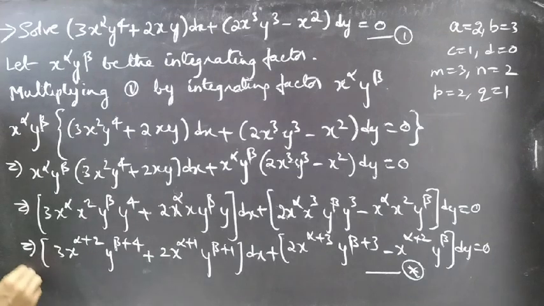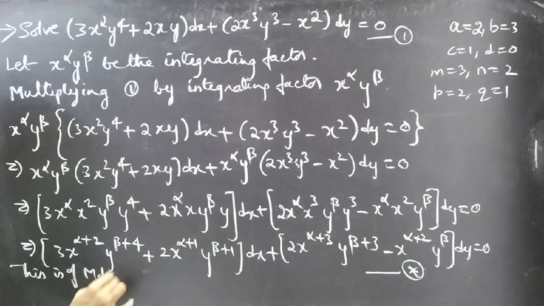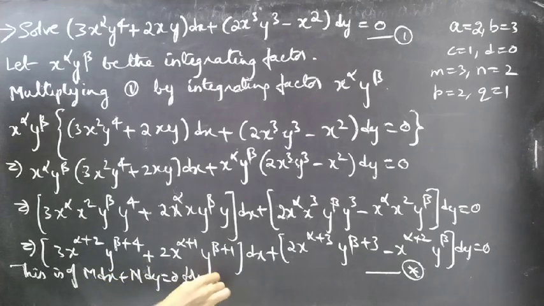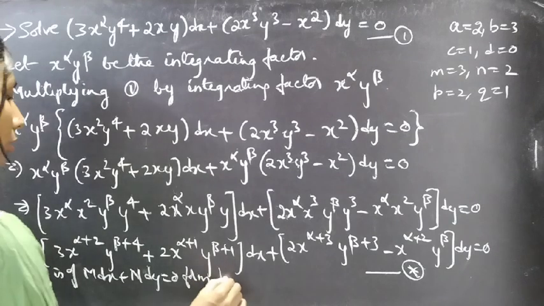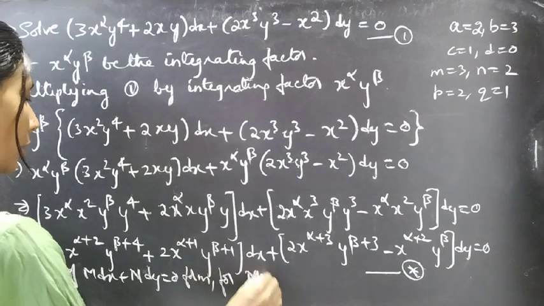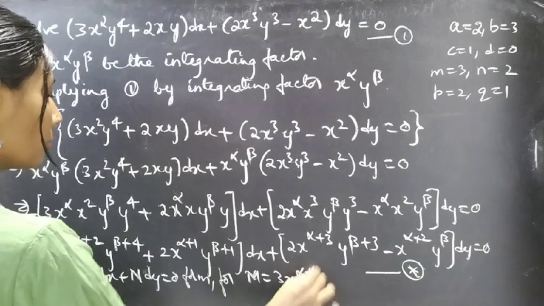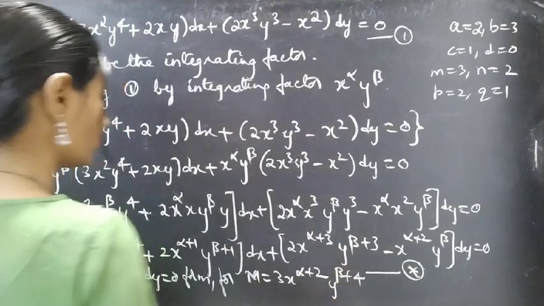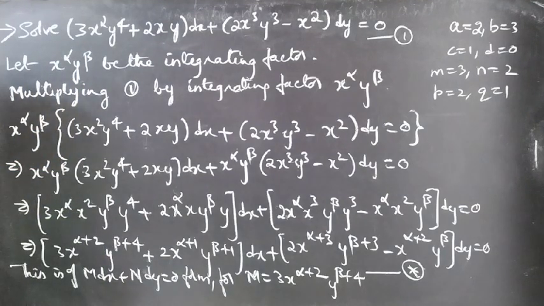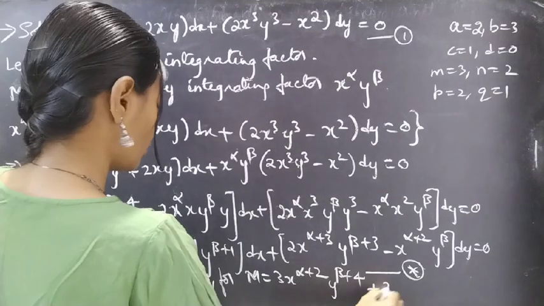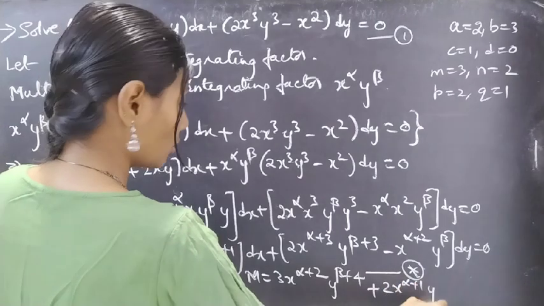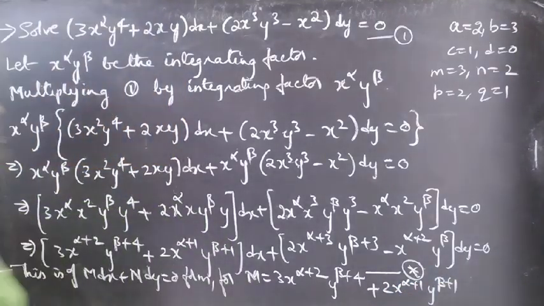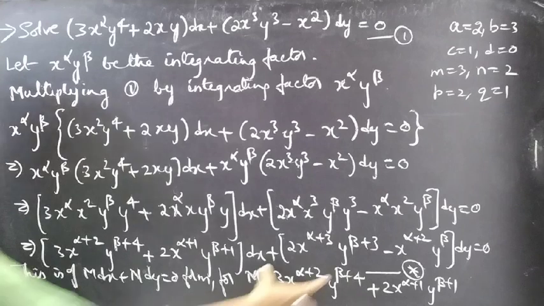This is of M dx plus N dy equal to 0 form for M equal to 3x power alpha plus 2 y power beta plus 4 plus 2x power alpha plus 1 y power beta plus 1, and for N equal to this one.